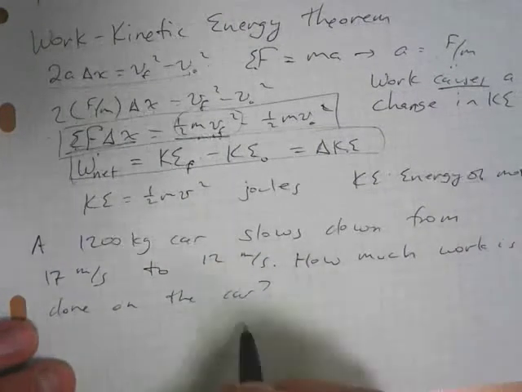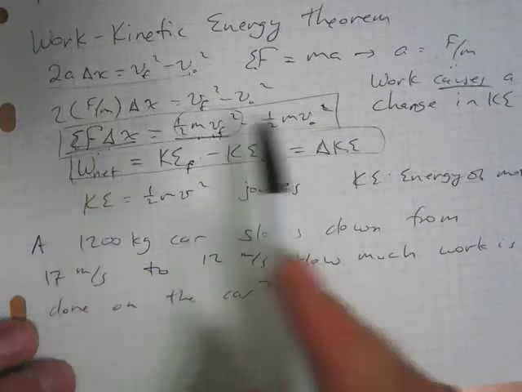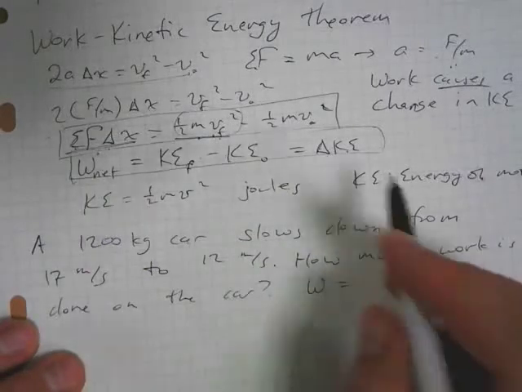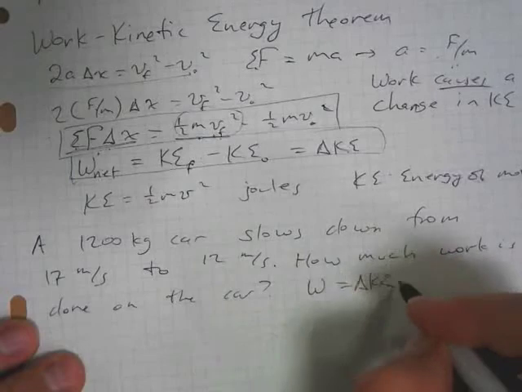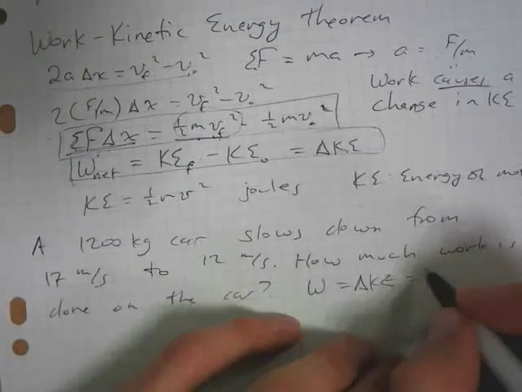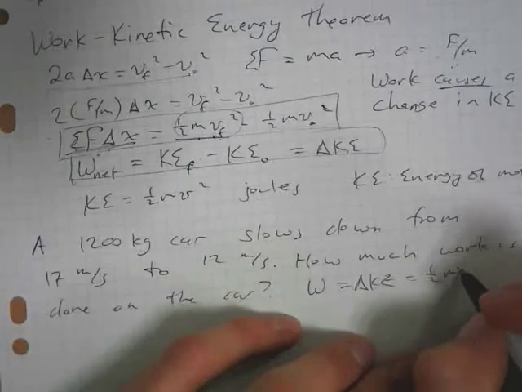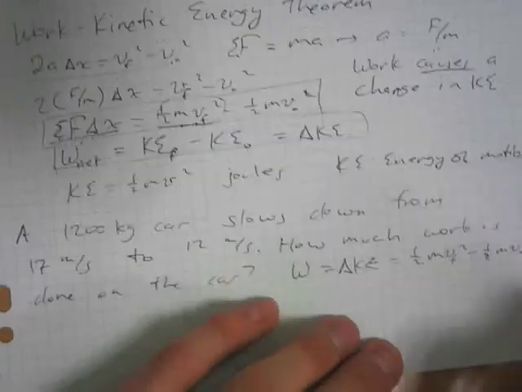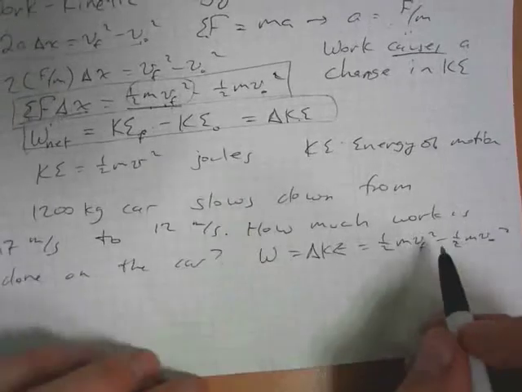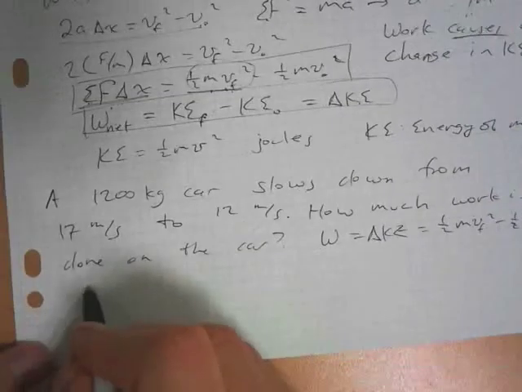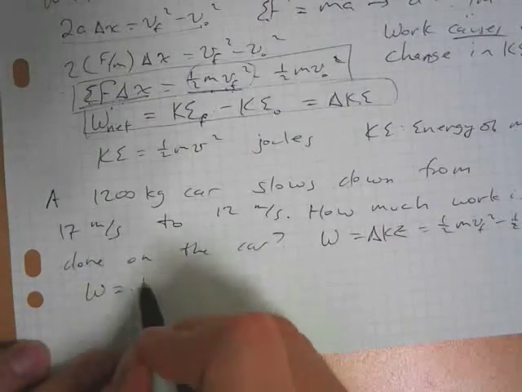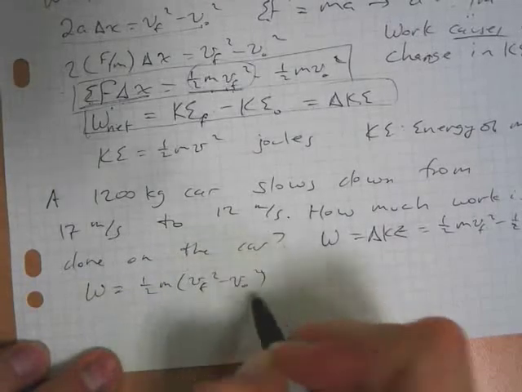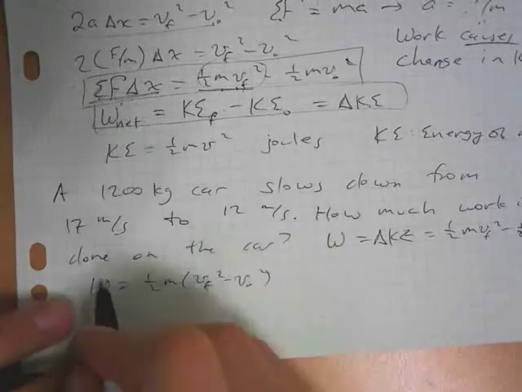Okay, so we know work is force times distance. We don't care about that. We want to know work equals a change in kinetic energy, which is 1/2 m v final squared minus 1/2 m v naught squared. Depending on what you're given, it's often helpful to factor this. Sometimes it's more useful to write the equation like this, especially when you're finding that work.